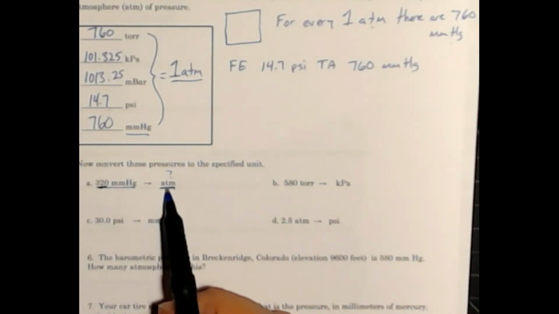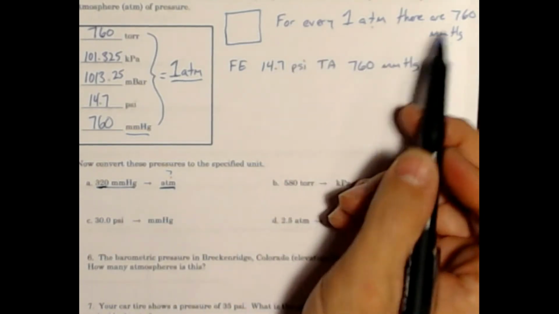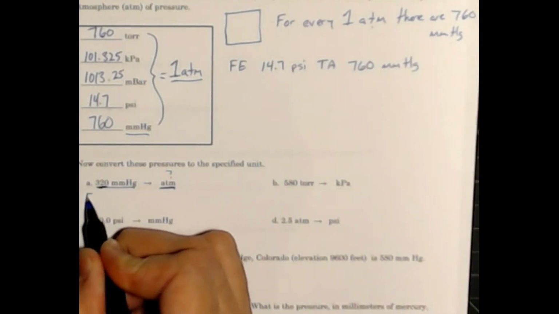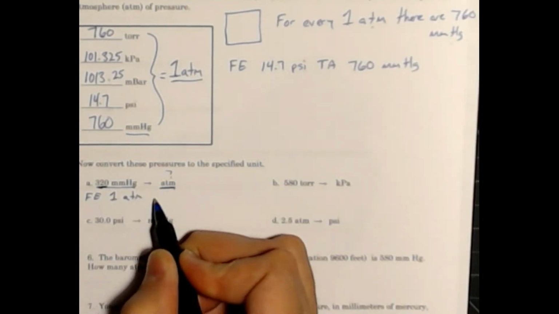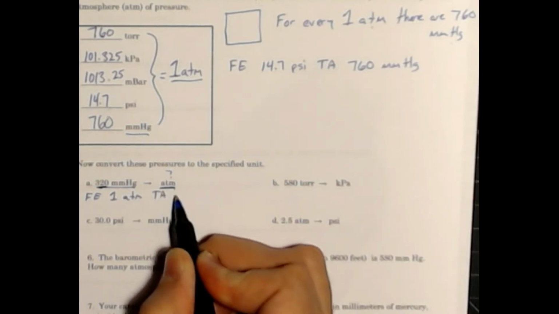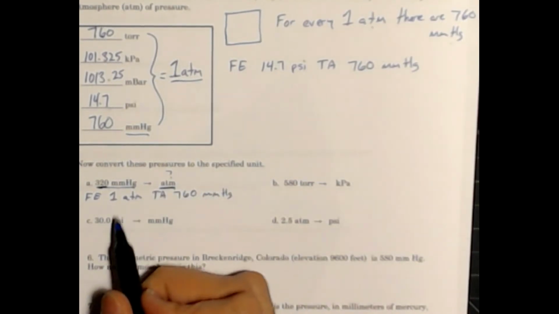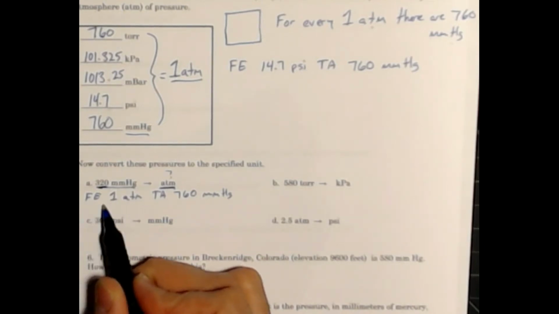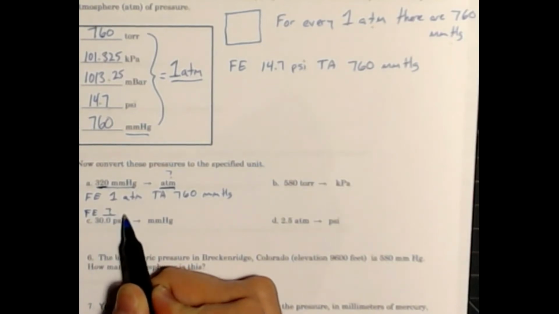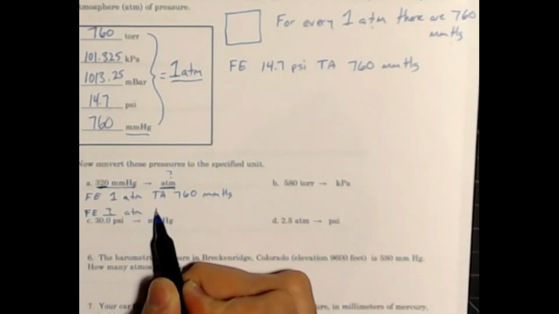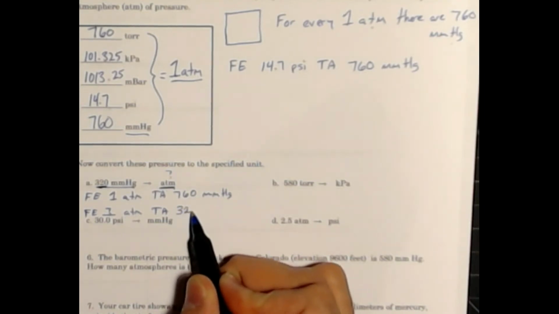So let's put our for every statement down here. And I'll abbreviate again. For every 1 atmosphere, there are 760 millimeters of mercury. And then we can ask the question, for every question mark atmospheres, there are 320 millimeters of mercury.